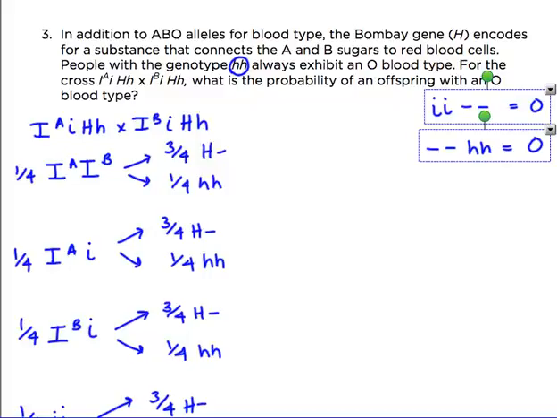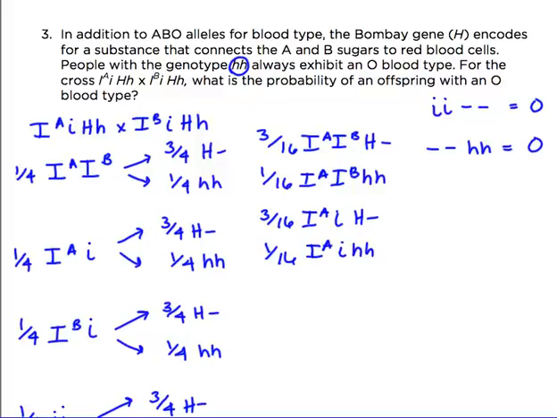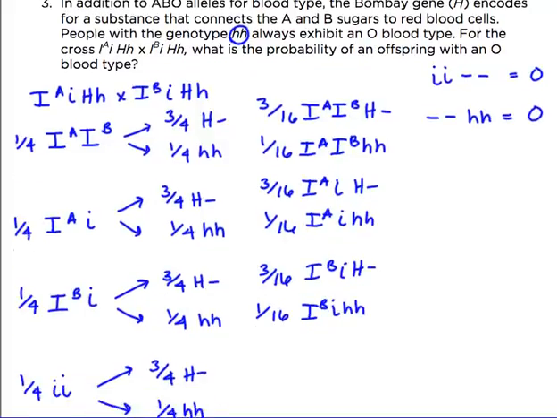Okay, so we have 1/4 times 3/4 is 3/16 big IA, big IB, and at least one big H. And then 1/16 big IA, big IB, little h, little h. 3/16 big IA, little i, at least one big H. 1/16 big IA, little i, little h, little h. 3/16 big IB, little i, at least one big H. 1/16 big IB, little i, little h, little h.